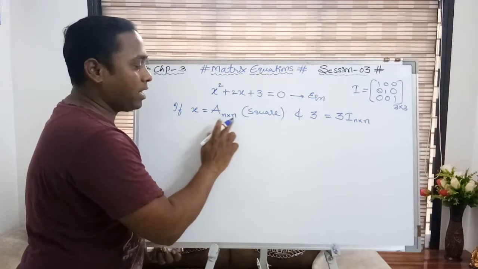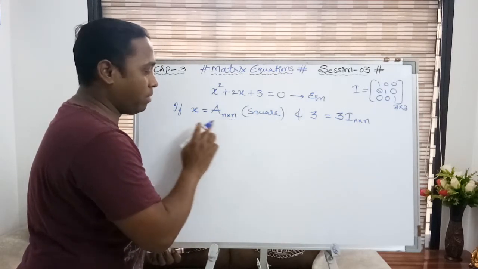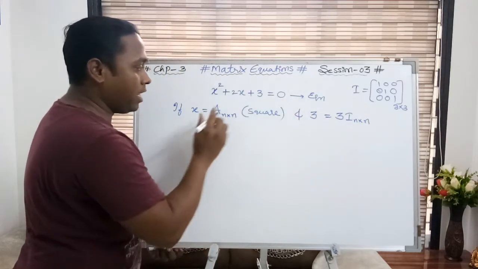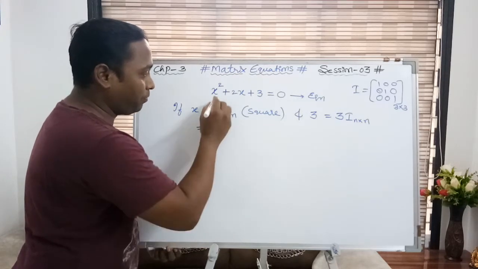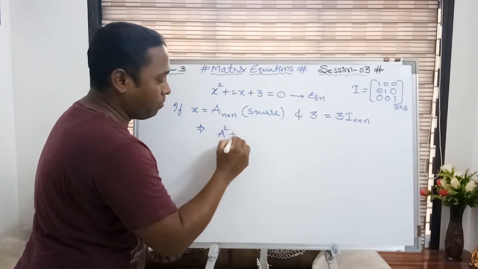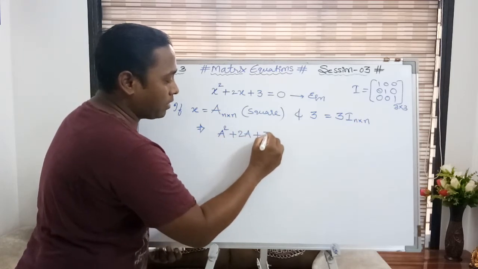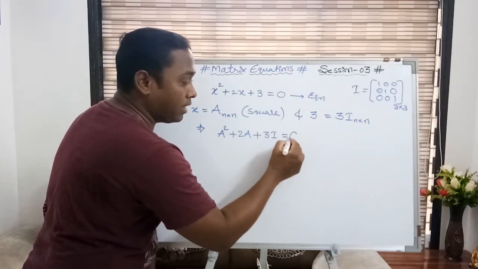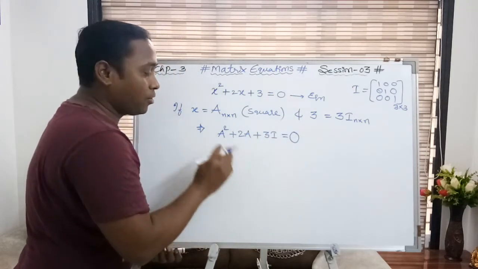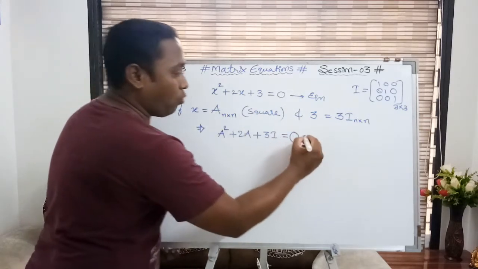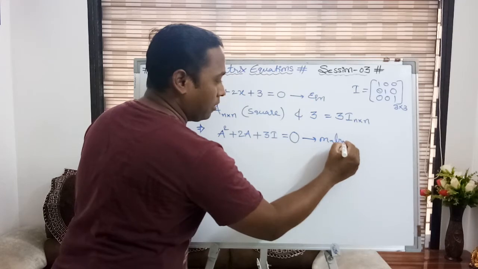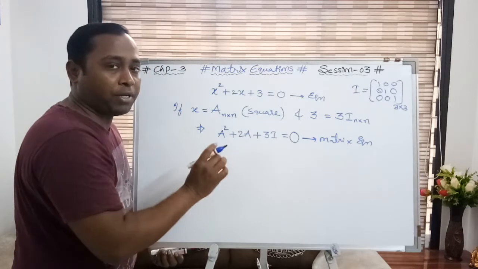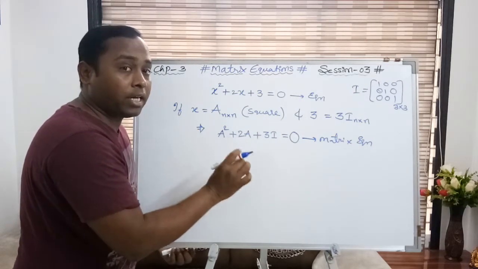So if I take an n by n square matrix in place of x, then the constant would be replaced with 3 into I. Then you can see the modified equation: A square plus 2A plus 3I equal to, not 0, but equal to the 0 matrix. So when we say matrix equation, every term in the equation represents a matrix.